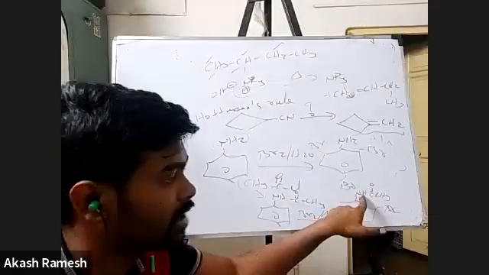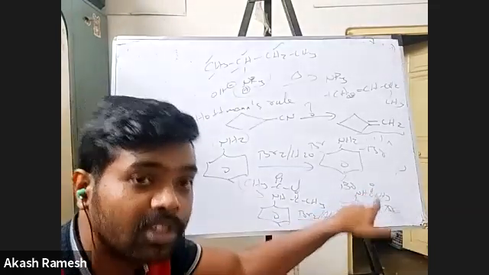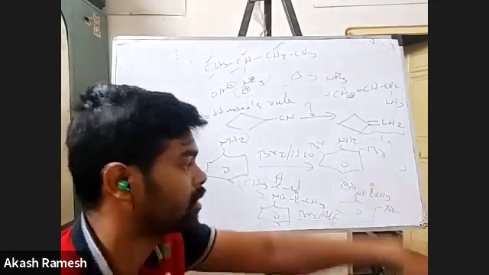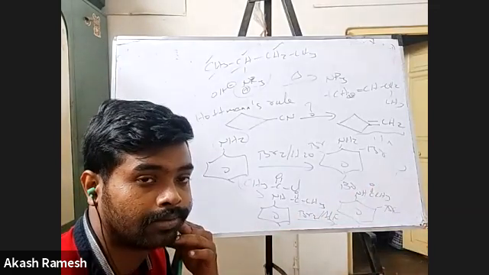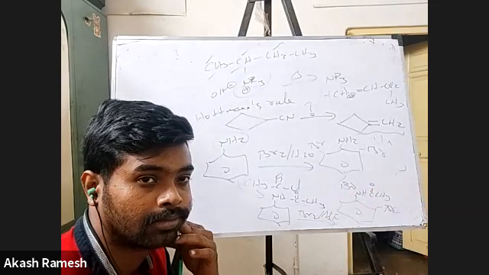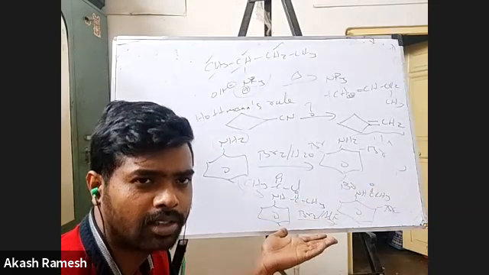If I do reduction, I'll get NHCH2CH3. I don't want that, I don't want the COCH3. So what should I do? Nothing, just go for hydrolysis.